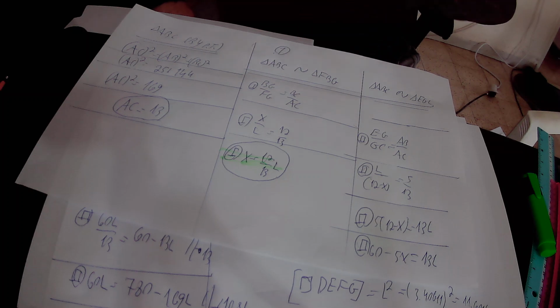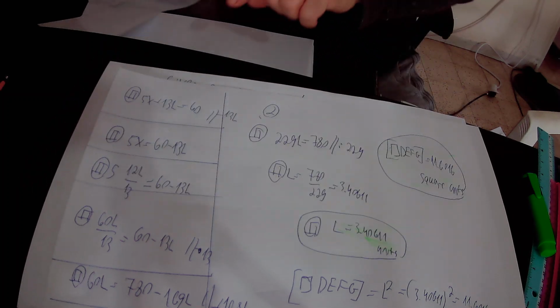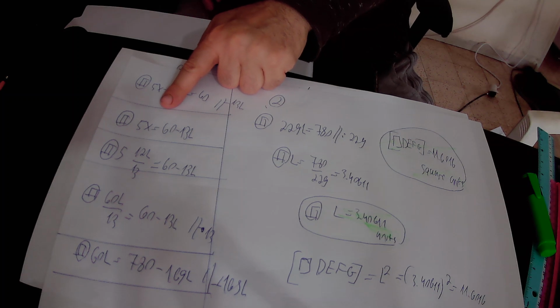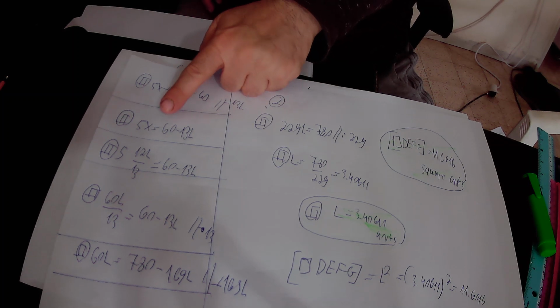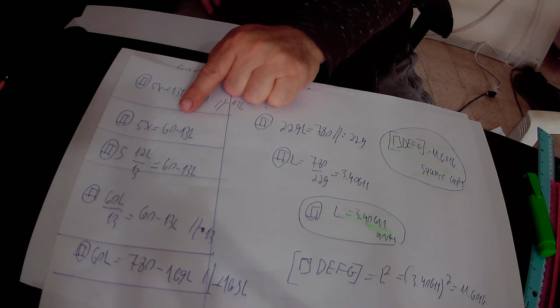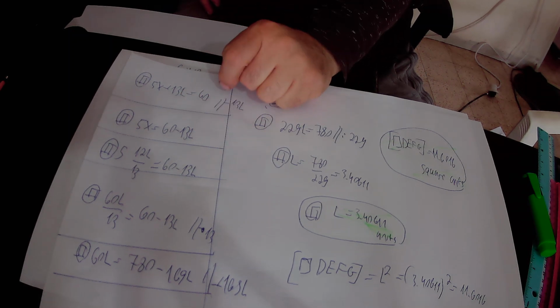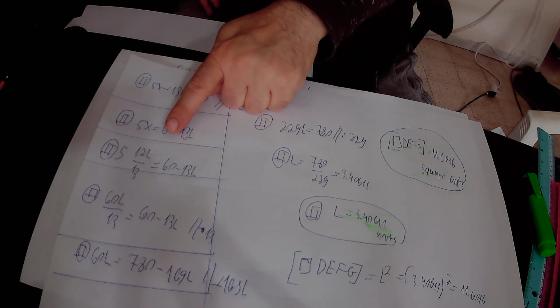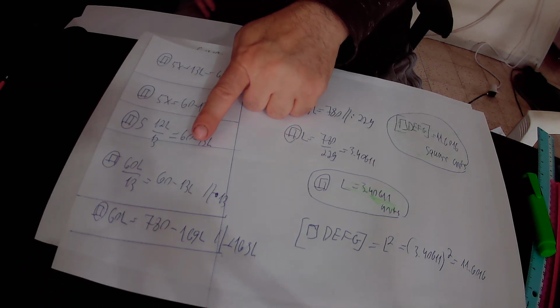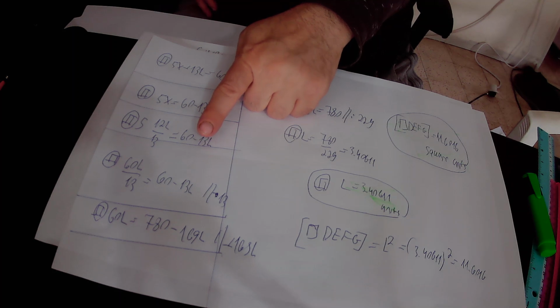So we have here 5X, and X is 12L over 13, that equals 60 minus 13L. 5 times 12L is 60L, so in total this expression equals 60L over 13, and 60L over 13 equals 60 minus 13L.